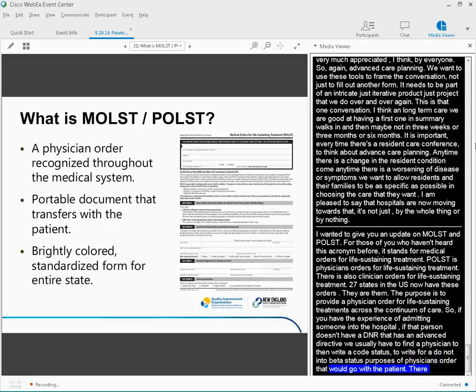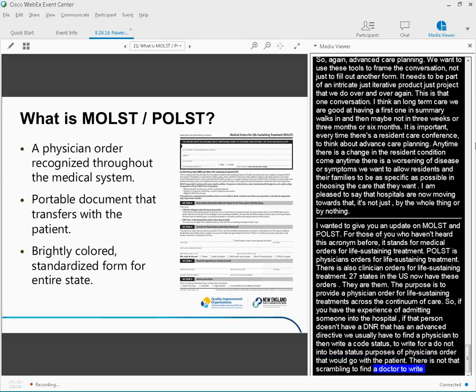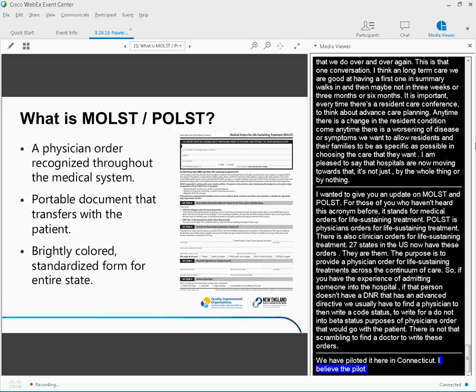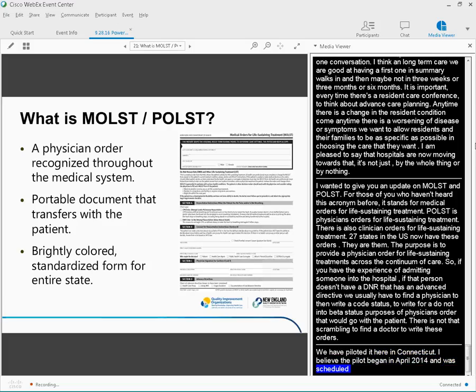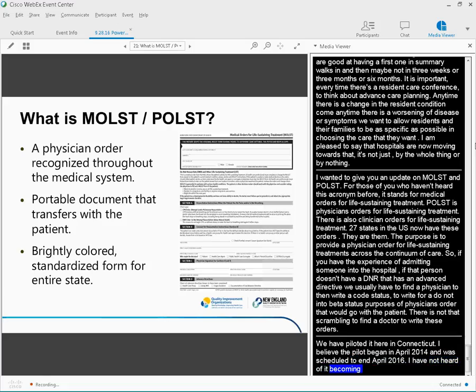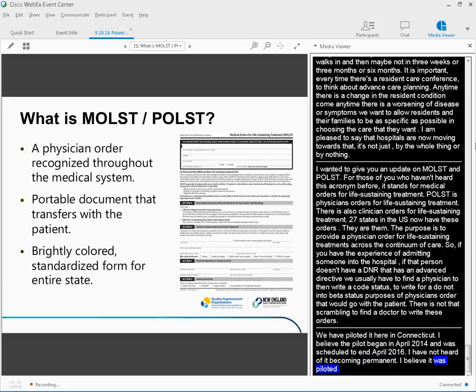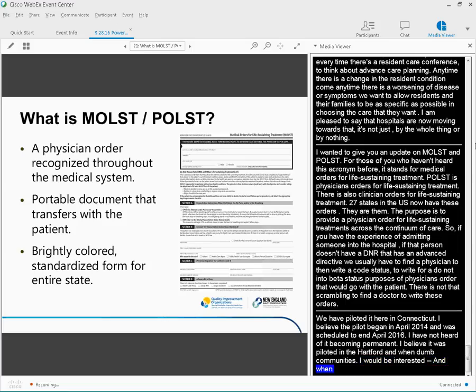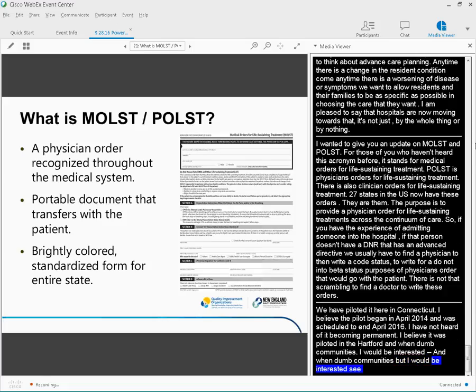We have piloted it here in Connecticut. I believe the pilot began in April 2014 and was scheduled to end April of 2016, but I haven't heard of it becoming permanent. I believe it was piloted in the Hartford and Windham communities, so I'd be interested if any of the skilled nursing facilities from that part of Connecticut have experience with this, and to share with us what it's like to use.